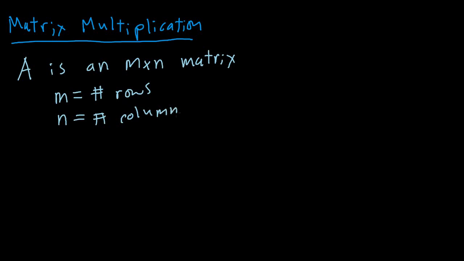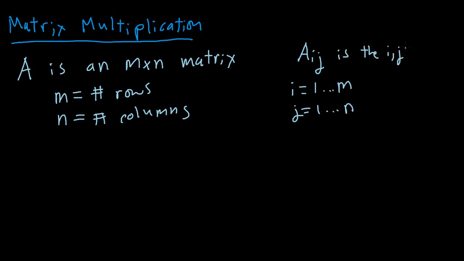That means, as per standard notation, if you have a_ij, where i is an integer that goes from 1 to m, and j is an integer that goes from 1 to n, you would say that a_ij is the ijth entry of matrix A.